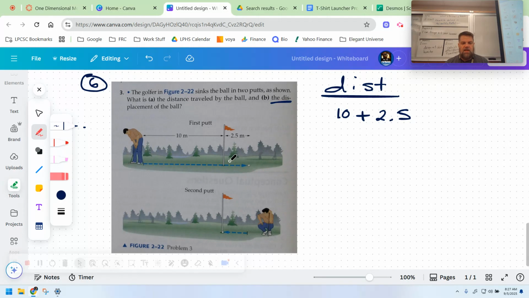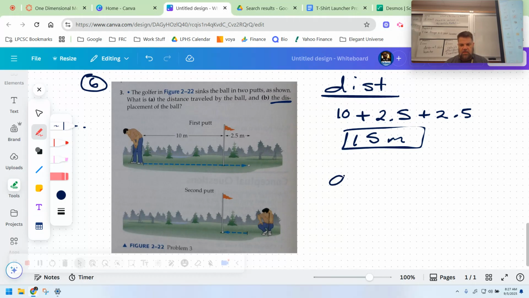So he hits here, that's 1, that's the 10. I think it goes all the way over here. So that's the first hit, and then he has to go back another 2.5, right? So we're just talking about how far did the ball roll. And so that's 15 meters, right? Is that right? For part A?